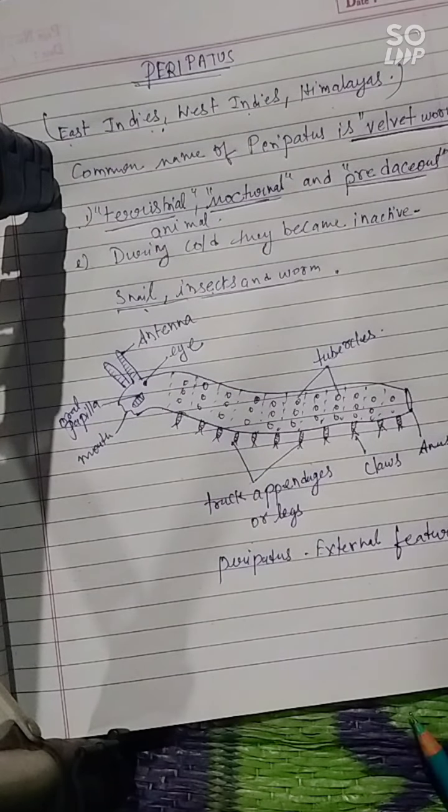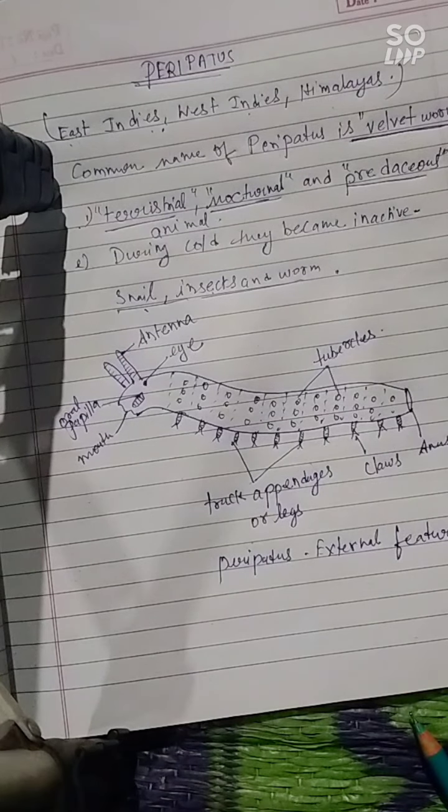They have a worm-like segmented body, and Peripatus is mostly found in the East Indies, West Indies, and Himalayas.